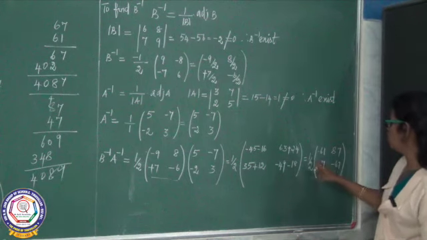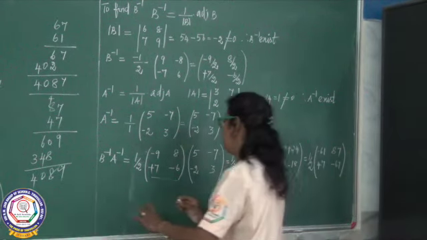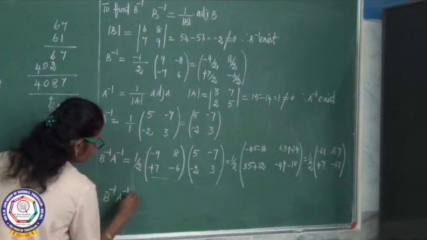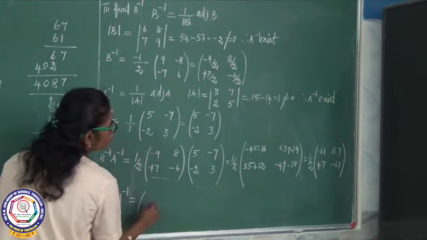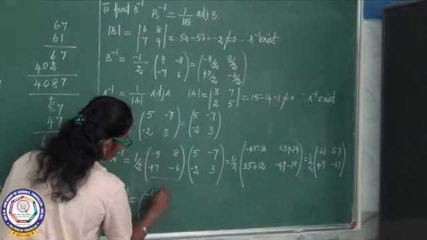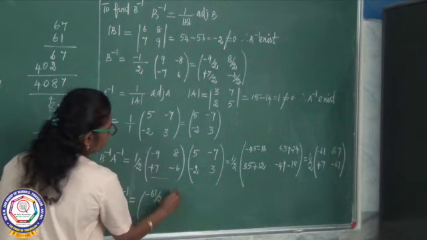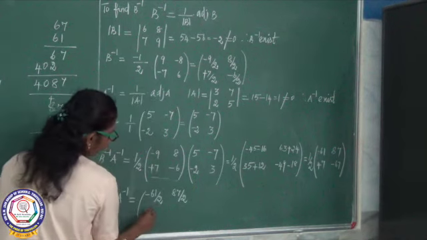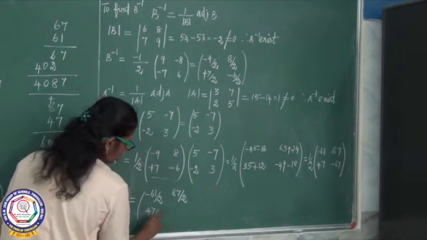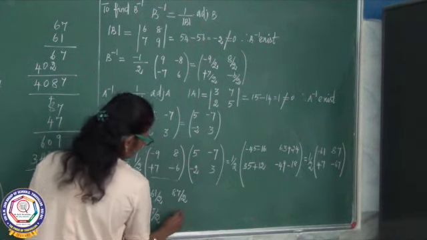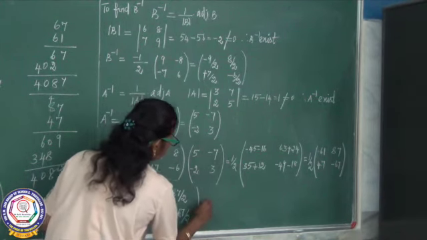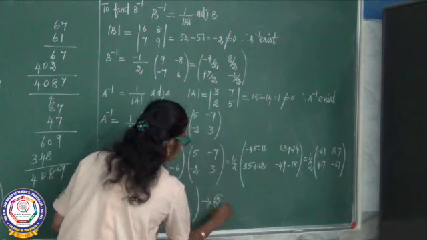Then you use 1 by 2 and multiply. B inverse into A inverse equal to minus 61 by 2, 87 by 2, 47 by 2, minus 67 by 2. Equation number 2.